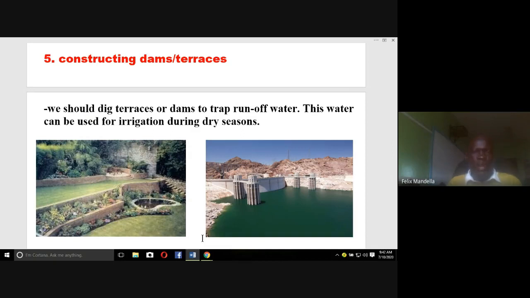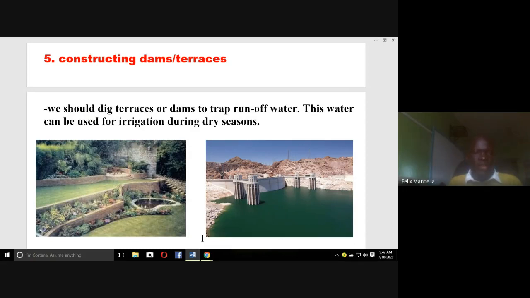I told you the meaning of runoff: the water that flows on the ground after it has rained. This water can be used for irrigation during the dry season. And listen, boys and girls, in dry areas, most farmers have applied this method of conserving water.